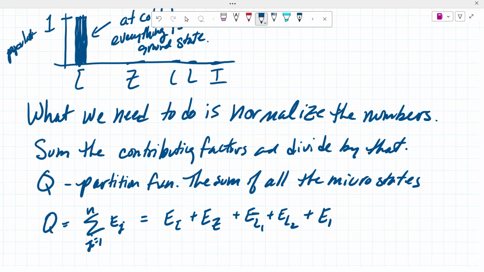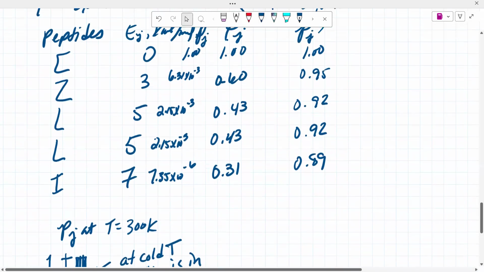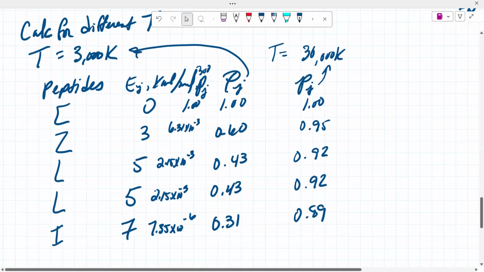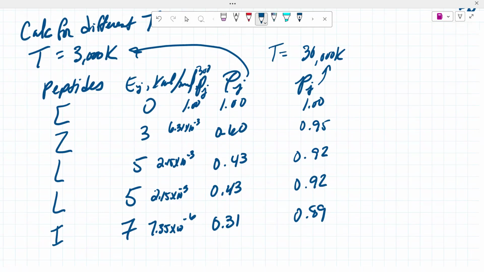So in other words, we're just going to divide out by the total. We can take all these numbers and divide them by their total, so we just sum them up. Do you see that in the cold temperature, the sum is basically just the first one, because none of the others add much to the total?